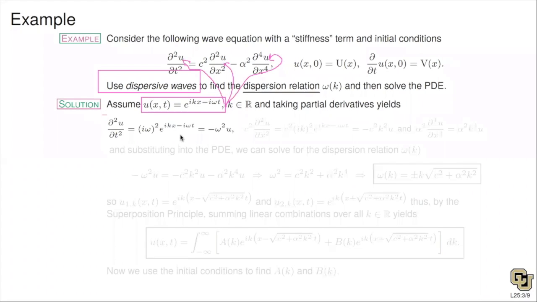Here I'm calculating the partials. So now I've got this function, and I want to calculate 2 time derivatives. When I'm taking the derivative with respect to t, anything that's not a t variable is treated like a constant and differentiates to 0.